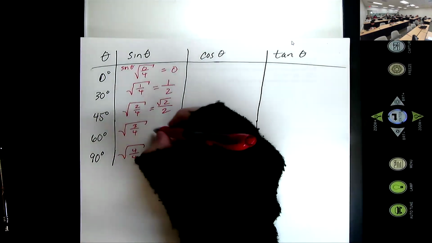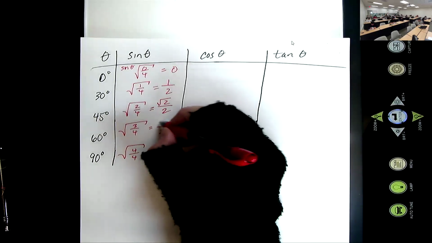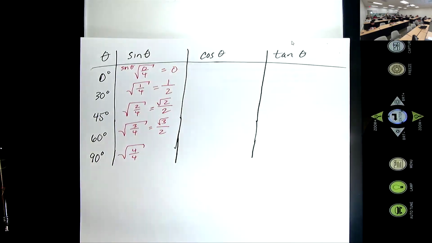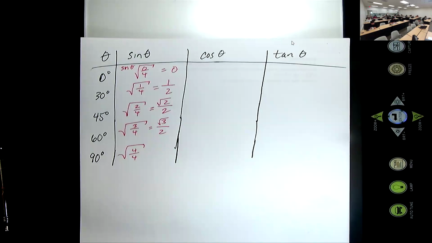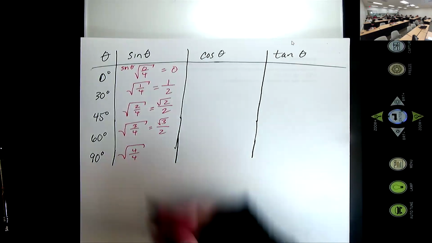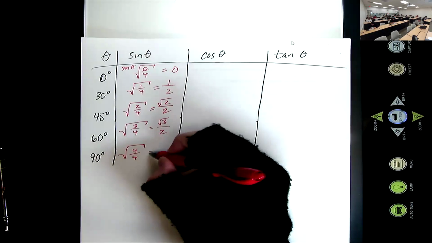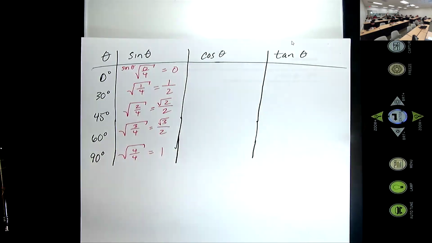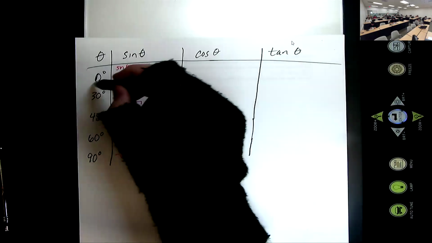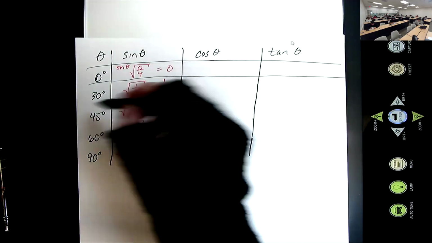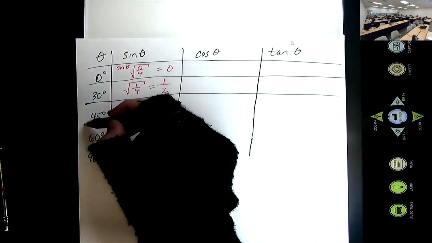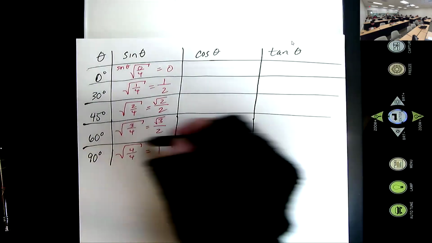In fact, the next one has a 2 on bottom here and a square root of 3. And finally, we have square root of 4/4, which is square root of 1, which is 1. Let me put some horizontal lines in here so that we can see what's going on.